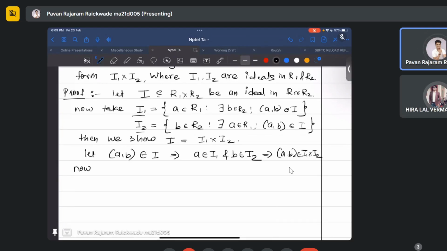Now suppose an element (a, b) belongs to I1 cross I2.